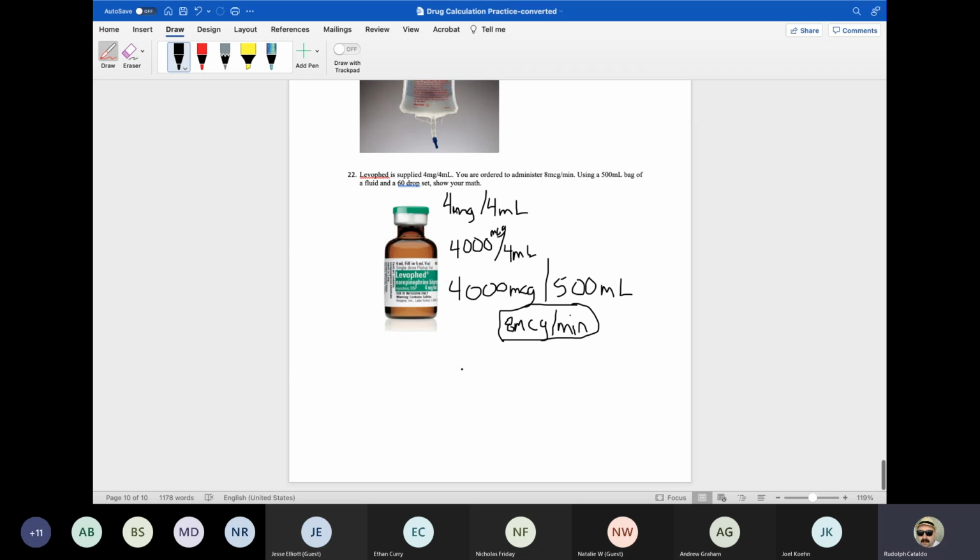So now let's draw us a clock. What drip set did I say we're using? 60. So the 60 goes at the top because 60 drops equals 1 mL. Cut that in half, gets 30. Cut that in half, gets 15. And 30 plus 15 is 45.